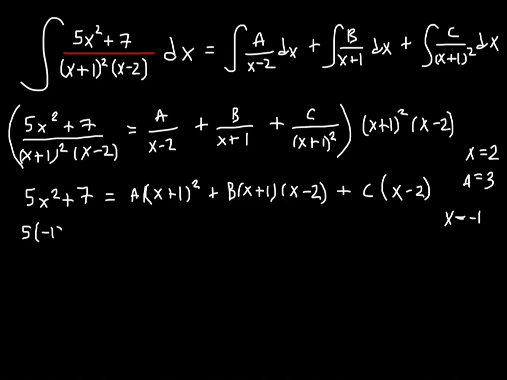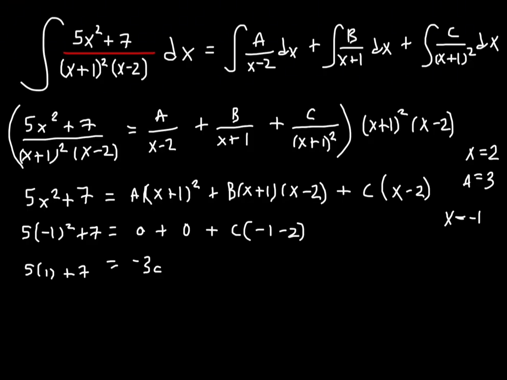So 5 times negative 1 squared plus 7 is equal to 0 plus 0 plus c times negative 1 minus 2, and then 5 times, negative 1 squared is just positive 1, plus 7 is equal to, negative 1 minus 2 is negative 3, so I have negative 3c.